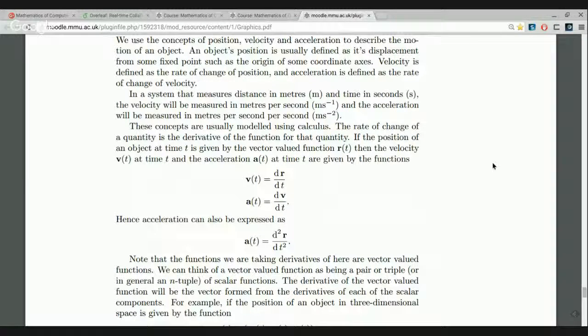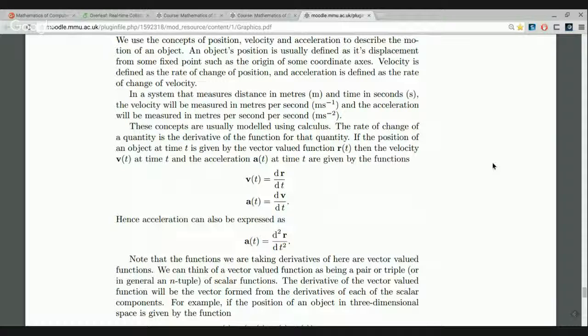So velocity is the rate of change of position. So v is dr/dt, roughly, and acceleration is the rate of change of velocity. So acceleration is dv/dt. Or run the two together, we get acceleration as the second derivative of position, d²r/dt².